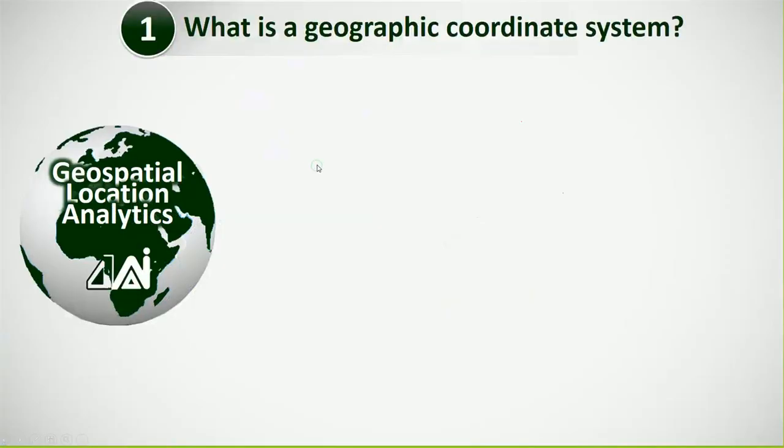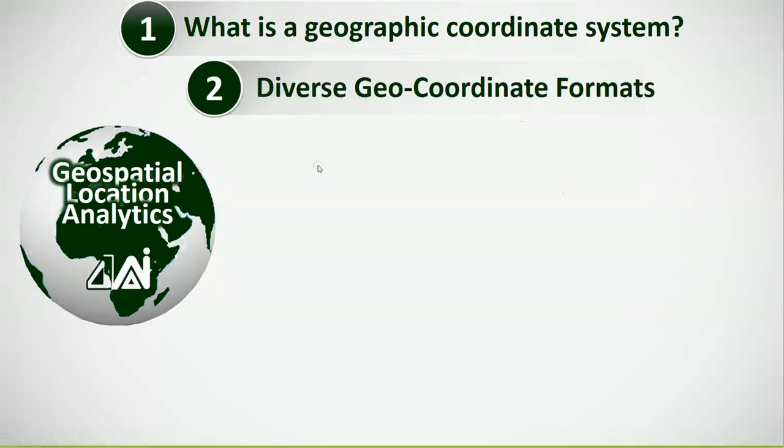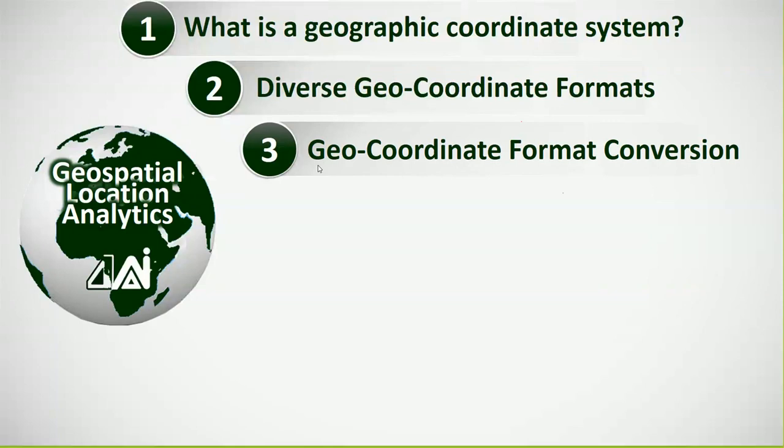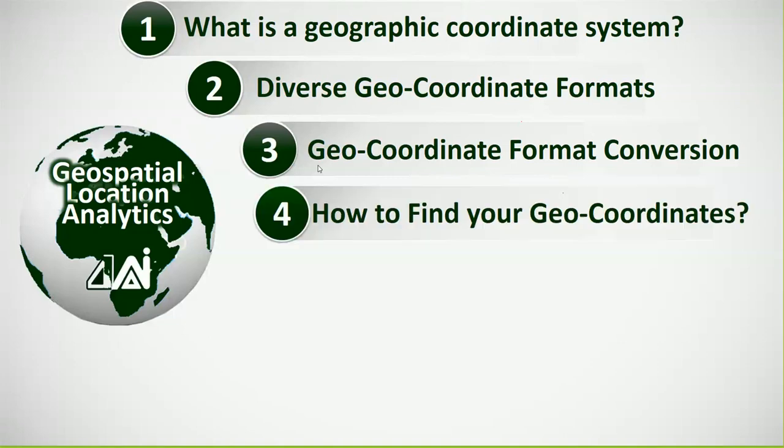All right. Here are the things we'll be looking at. What is a geographic coordinate system? We have a number of them in different formats, so we look at those formats. Geo-coordinate format conversion: how do you convert from one format to the other so that you can make use of the coordinates?